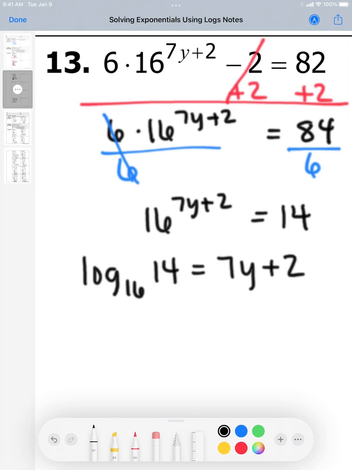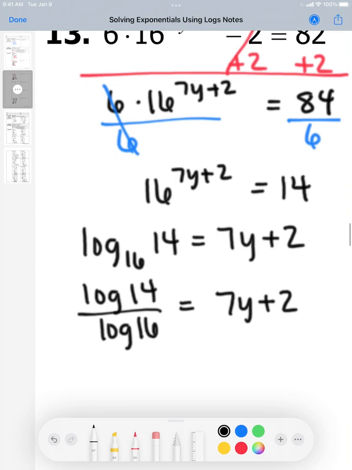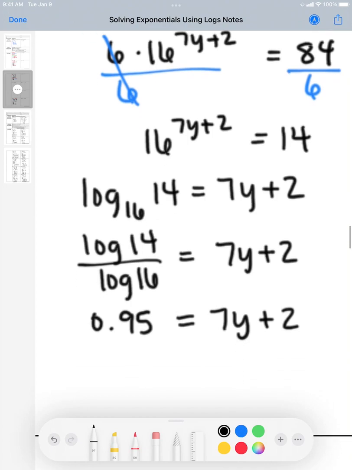Okay, let's use our change of base formula. So log of big number, log of 14 over log of 16 is equal to 7y plus 2. Okay, in the calculator, when you put that in, that gives you 0.9518, or let's just say 0.95, is equal to 7y plus 2. Okay, let's solve for y.